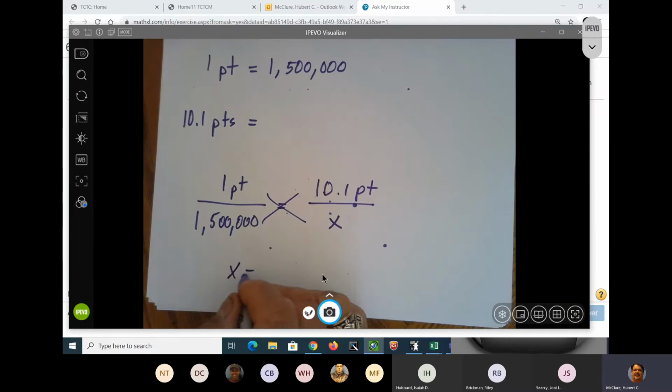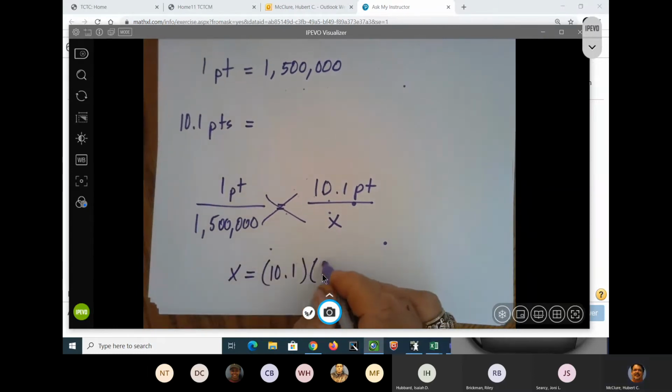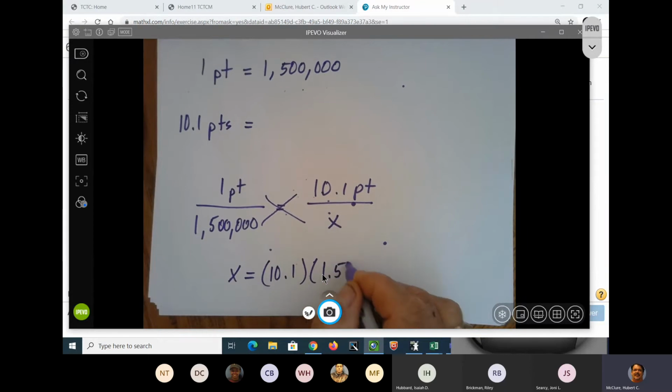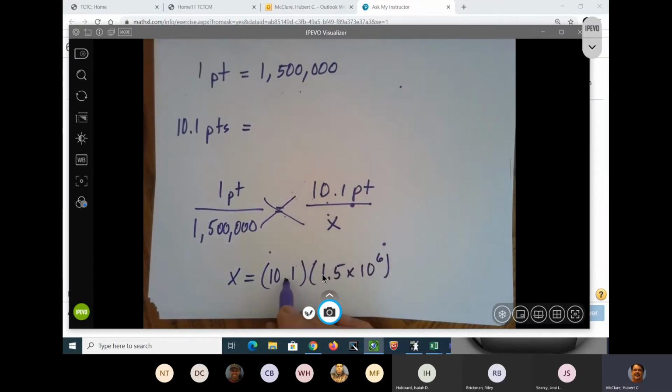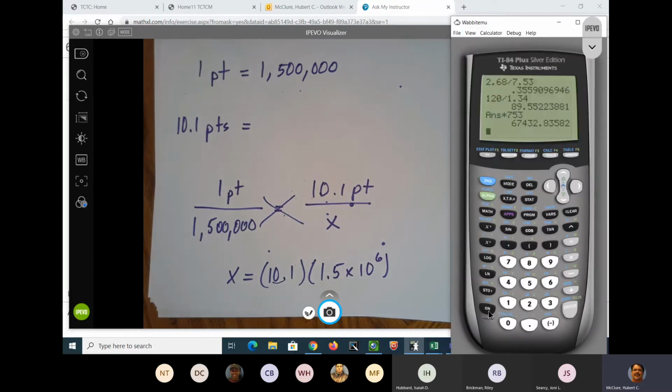X is equal to 10.1 times 1.5 times 10 to the 6th. 10.1 times 1.5 is 15.15.